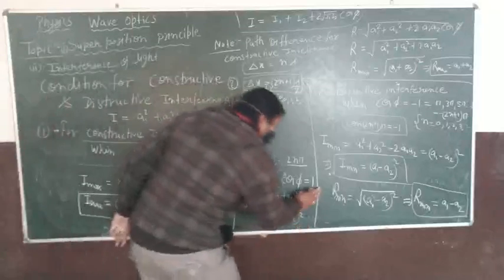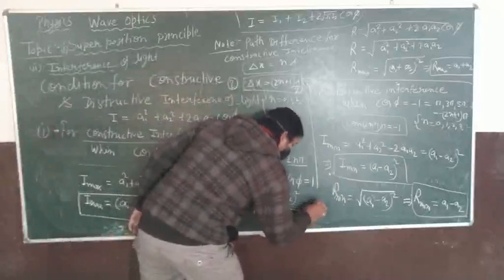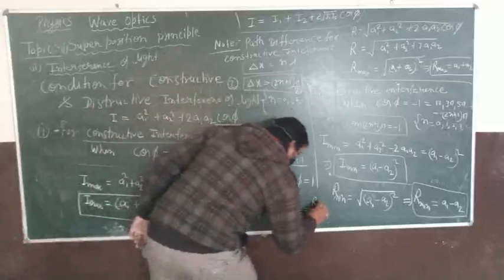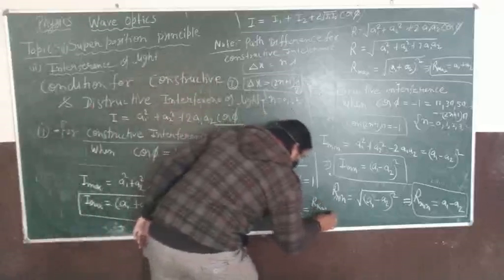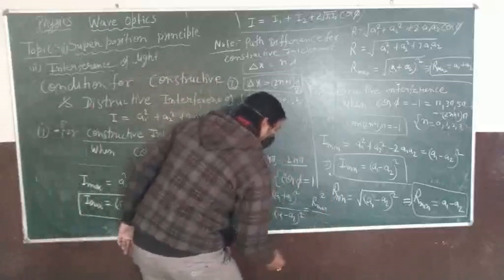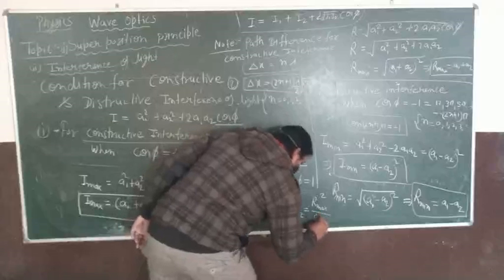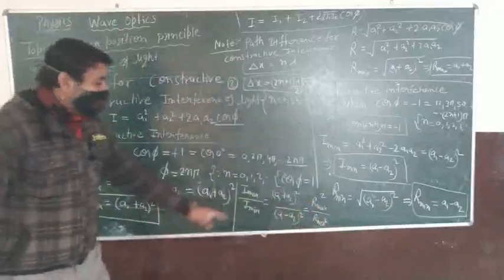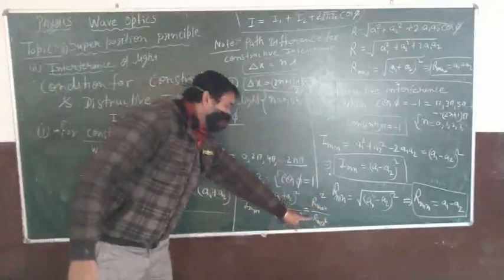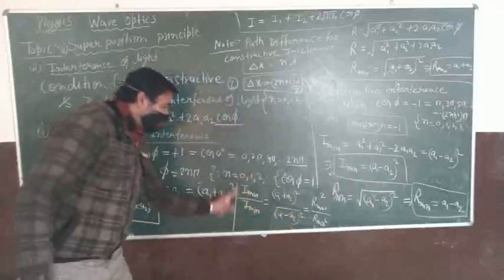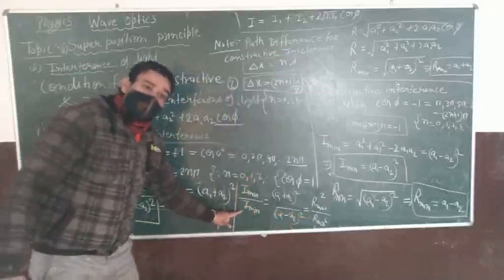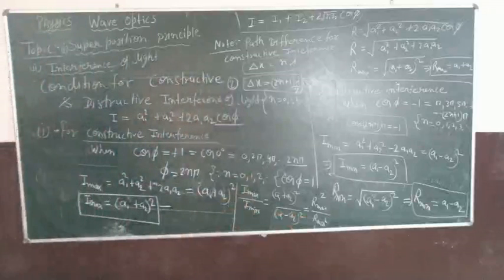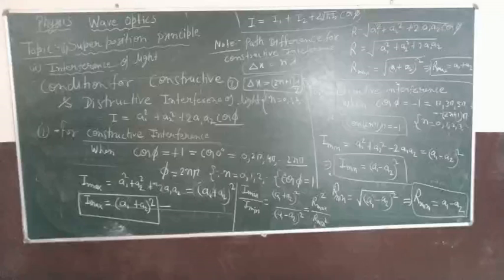If these are calculated as R max square and R minimum square, then the result for R max upon R minimum is the square root of I max upon I minimum.